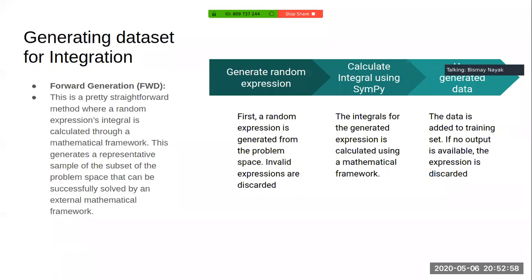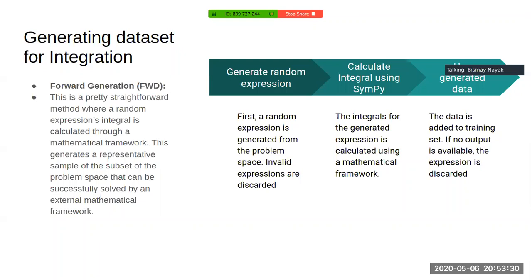So what they do is they first randomly generate an expression, check if the expression is valid or not, like if the solution for it may exist or may not exist. Most of the time they just pass it on to the mathematical framework, and if they are unable to obtain the solution they discard the expression. If they get a solution, they have a problem and solution pair, right? So they add that example to the training set.